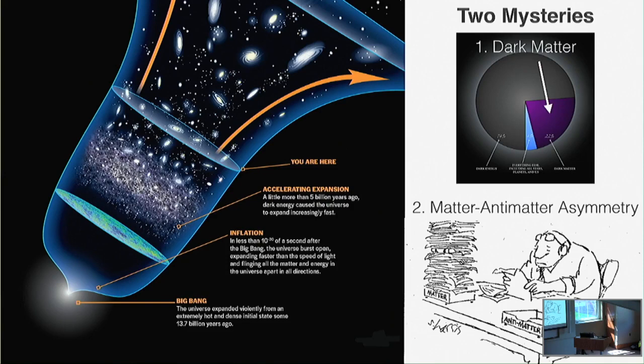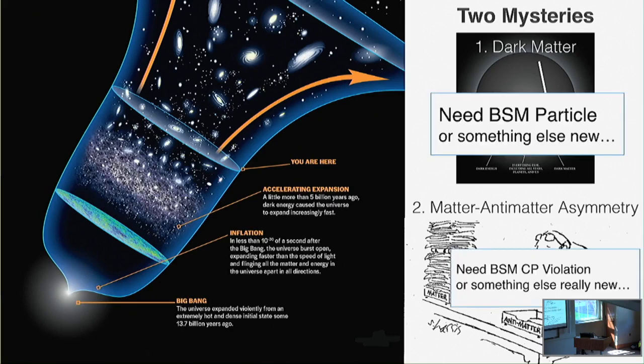There's a generic theory by Sakharov, which has 3 ingredients, and one of those ingredients is CP violation. The CP violation that we see in the standard model is not enough to explain the matter-antimatter asymmetry. So there should be some new physics out there to describe this. So we need beyond the standard model particles and associated CP violation, or something else really new, right? There could be something else going on that we haven't thought of.